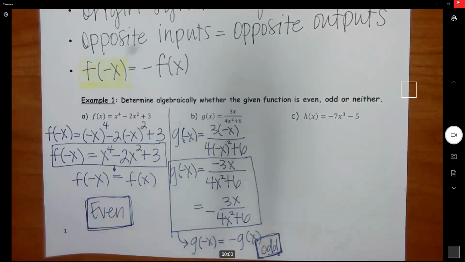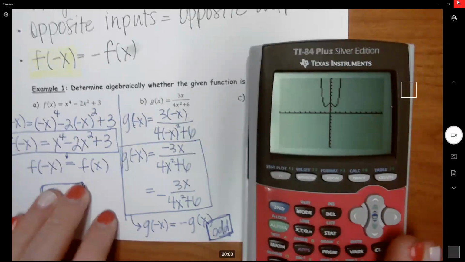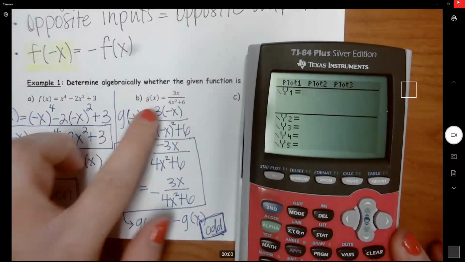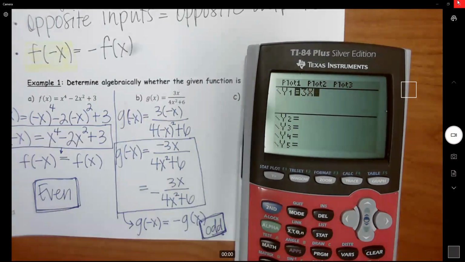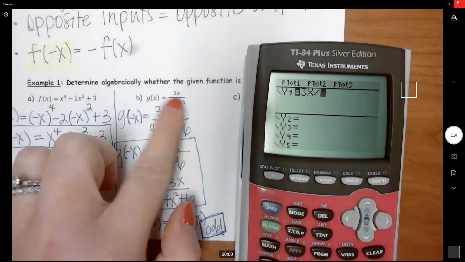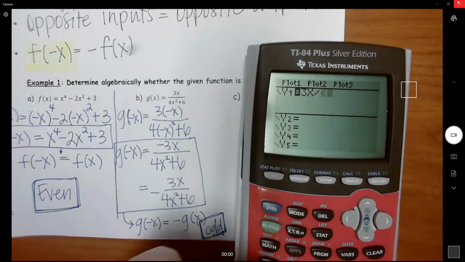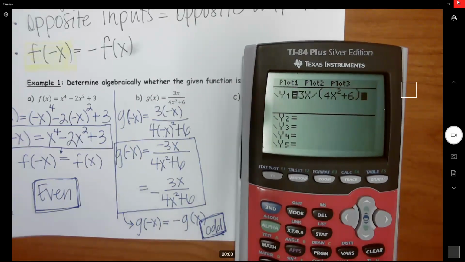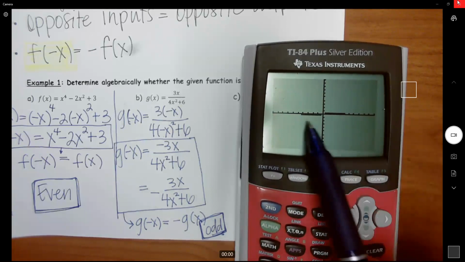Okay, so let's check this in our calculator. When I put this in, I've got 3x divided by, I'm dividing all of this, so I need to put this in parentheses, 4x squared plus 6. And I graph it. Okay.